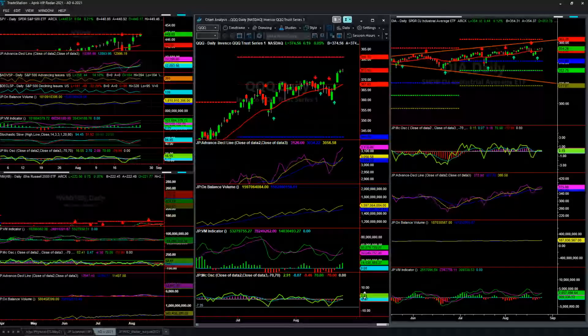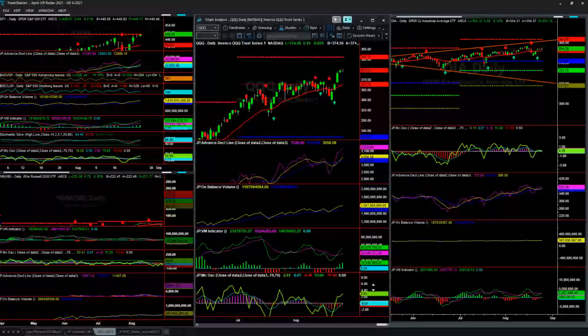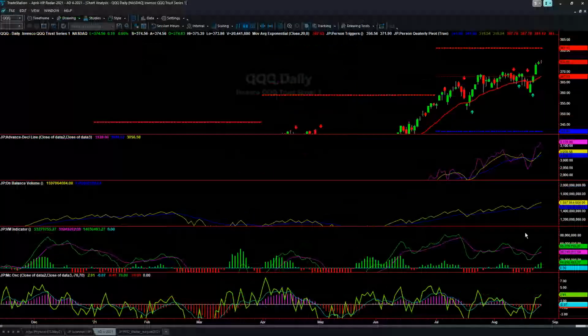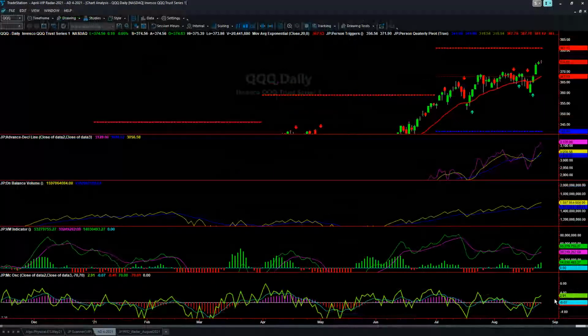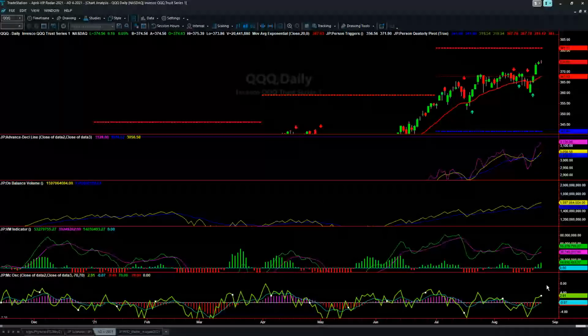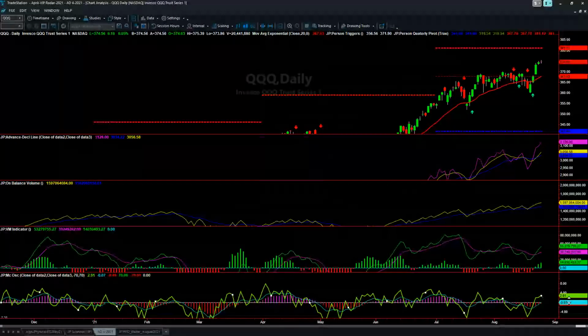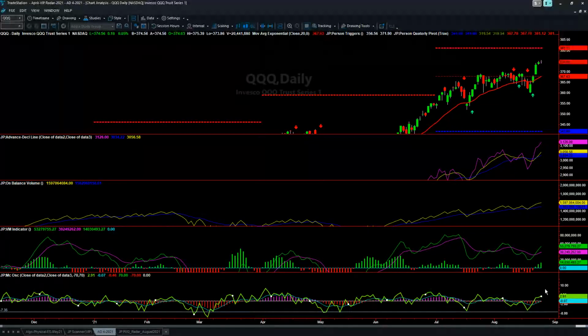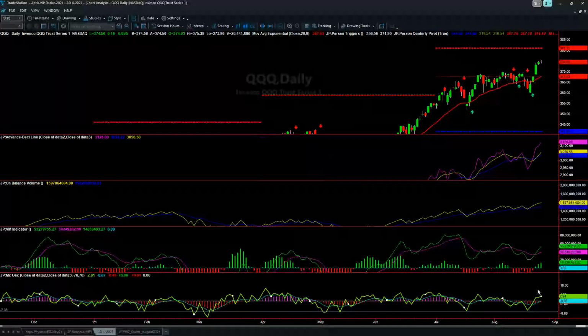The McClellan oscillator, by the way, just to give a conditional ranking of the market, is not near an extreme high, but it's nearing an average. So another day or so, if the market and the breadth get a little too strong, it gets what we call overbought.